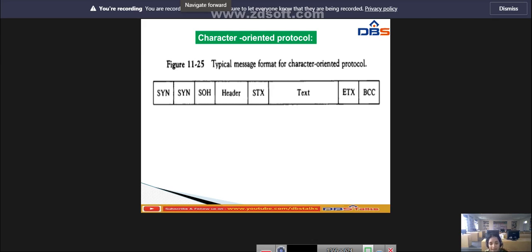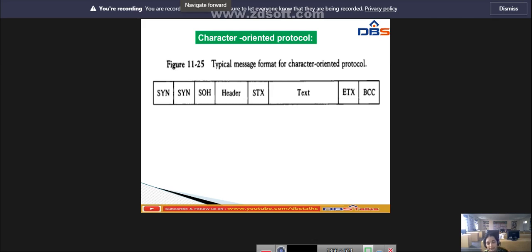STX terminates the header and signifies the beginning of the text transmission. The text portion of the message is variable in length and may contain ASCII characters except the communication control characters. The text field is terminated with the end of text, and the last field is the BCC, the block check character, for error checking. So these are the fields available in the character oriented protocol.